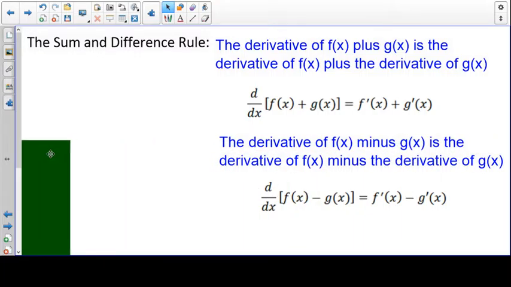The second part is the difference. If you take the derivative of f minus g, that is the derivative of f minus the derivative of g. Same idea. If I'm trying to originally find the subtraction of my two functions, I simply find their derivatives first and then subtract them.